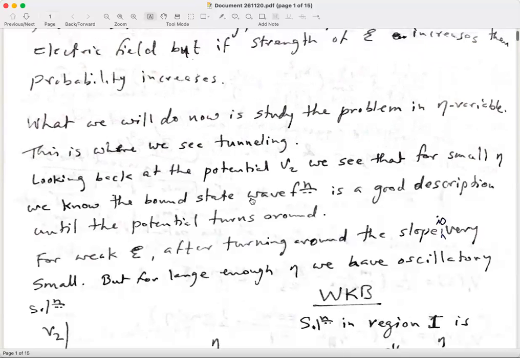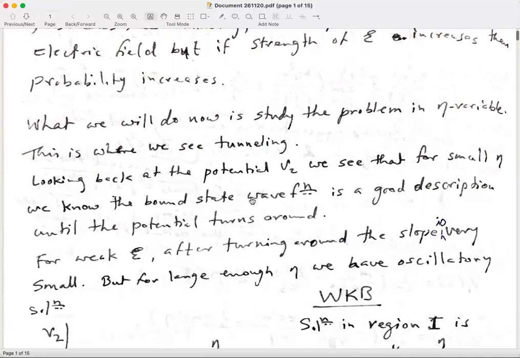So what we expect, therefore, in this particular setup is that for small values of eta, where the bound state problem is well defined, the wave function would be the wave function of the bound state problem, which will give a reasonably good description of the electron in the small eta region.